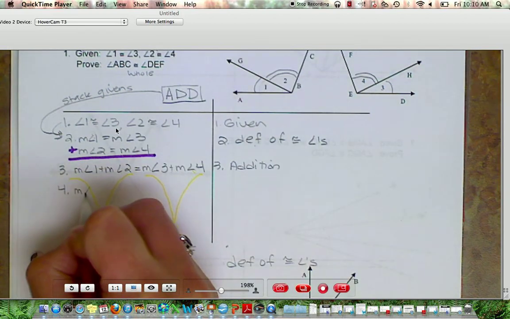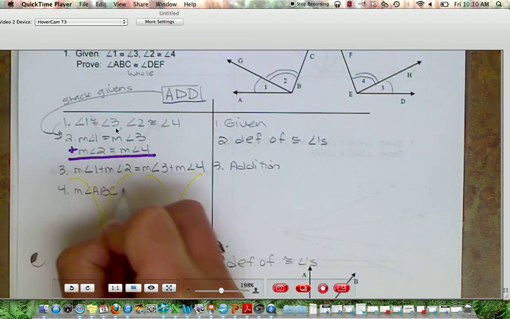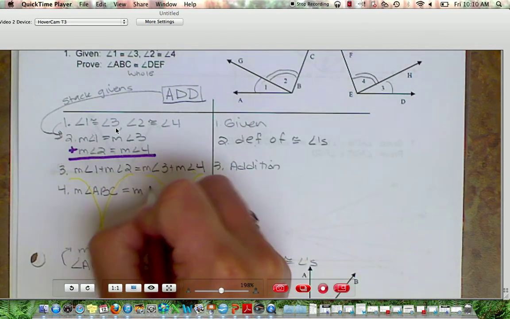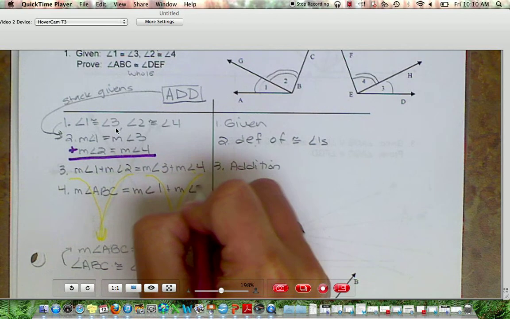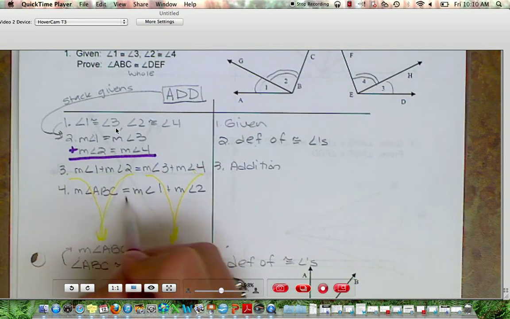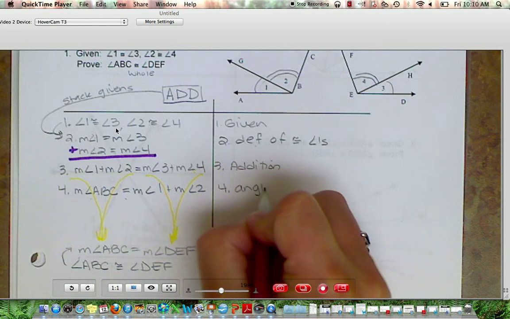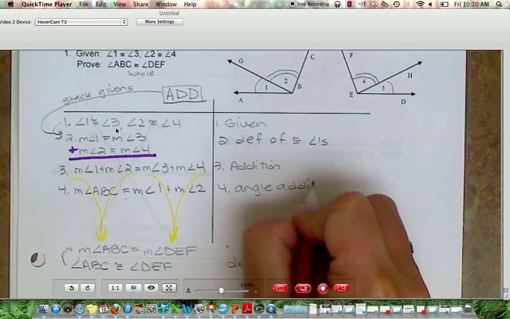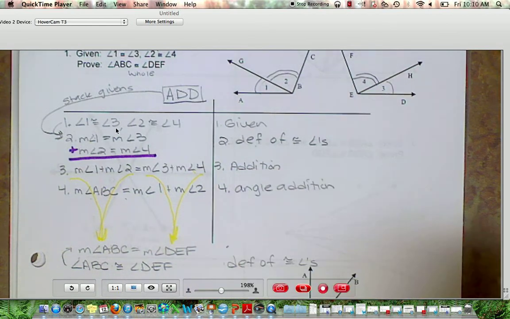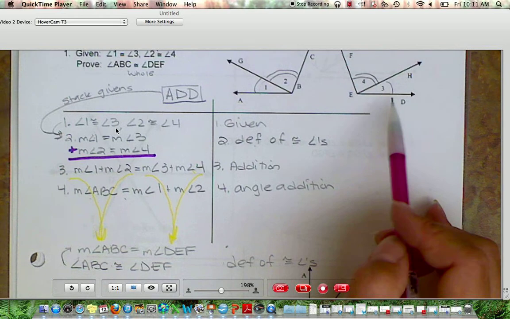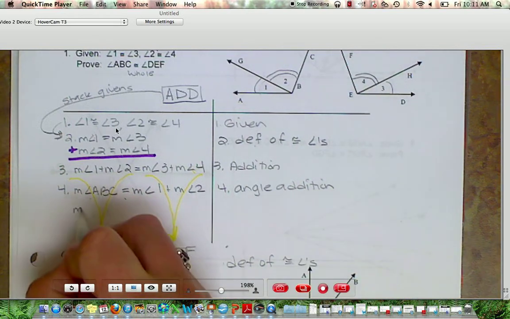So for instance, the measure of angle ABC is made up of measure of angle 1 plus the measure of angle 2. All right, whole equals part plus part, so that's angle addition. Angle addition postulate, okay? And we also have another whole angle over here, which is DEF. So we're going to break that down as well.